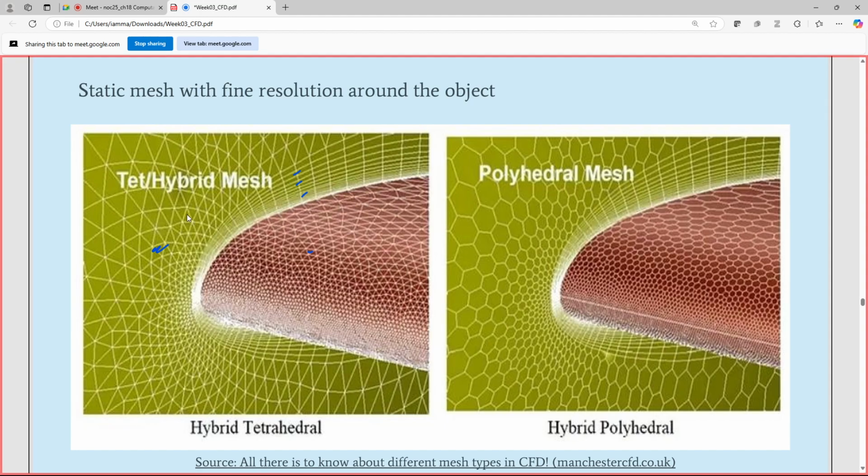So these figures show hybrid meshes with different types of meshing. This is a tetrahedral element. These elements you can see, this is a tetrahedral element. Well, this is hexahedral elements, or almost a rectangular kind of elements. So the presence of two different types of mesh is called hybrid meshes, and this is what gives a fine resolution around the object.